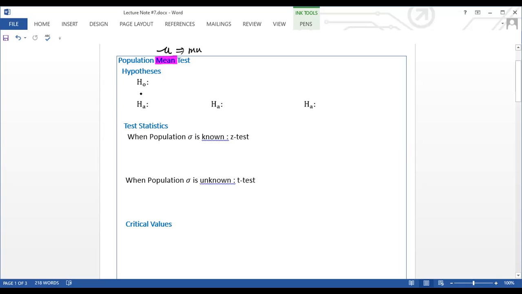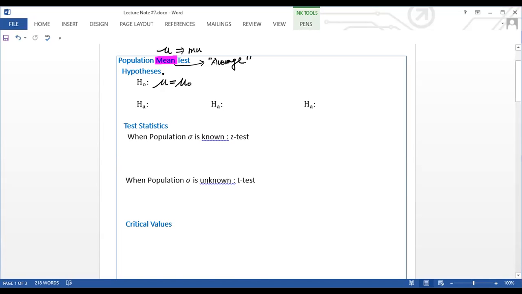So we want to test the population mean, or another word for mean that may be easier to understand, the average. For the hypothesis testing, just like with a proportion, we have the null hypothesis and three different alternative hypotheses. The null hypothesis is mu equals mu 0, meaning the population mean equals a specific number.